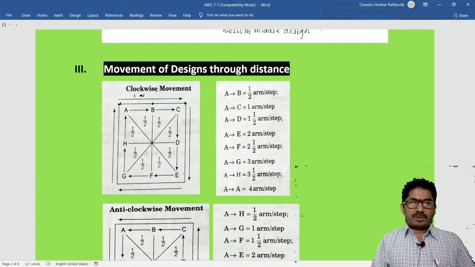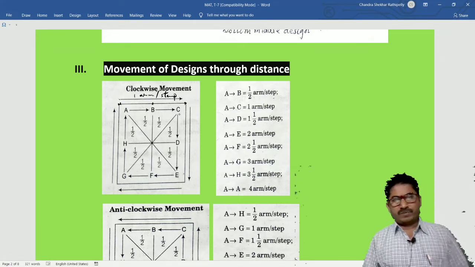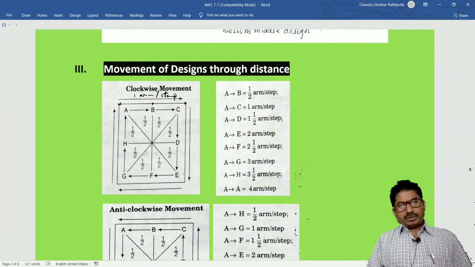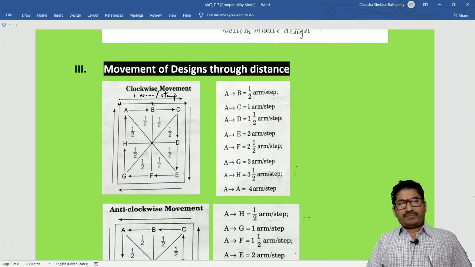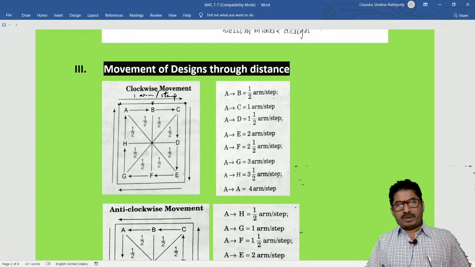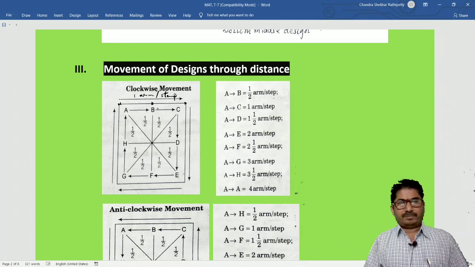One arm or one step. So ear to ear, A to B, half step or half arm.